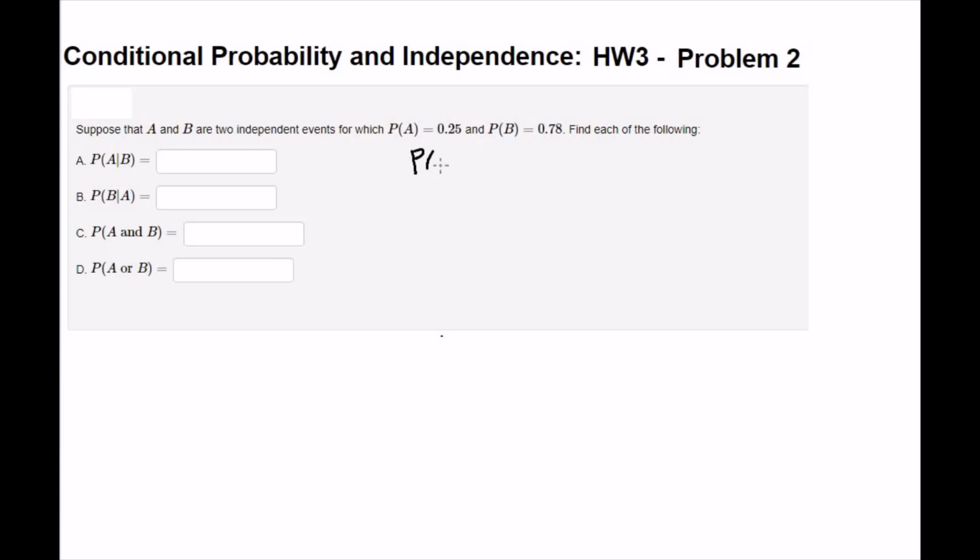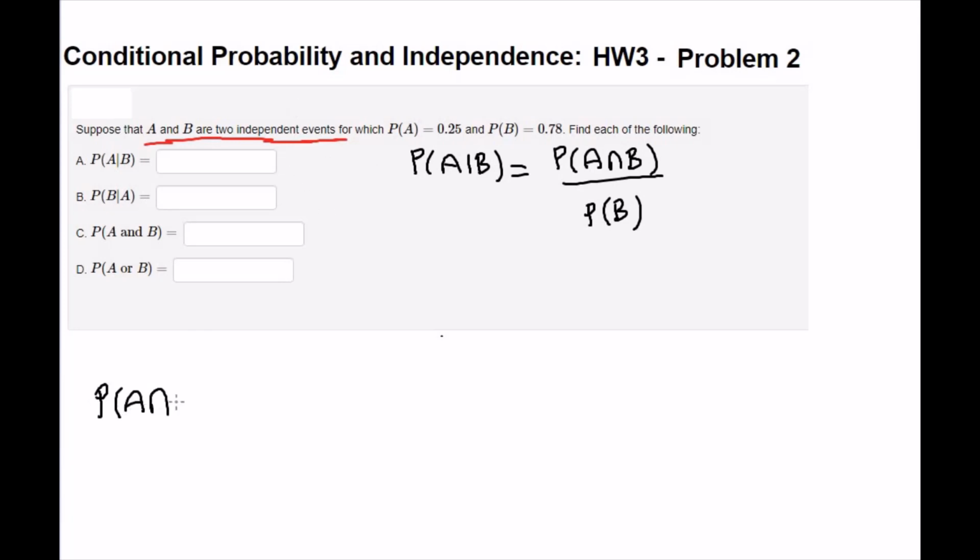Again, by definition, probability of A given B is equal to their intersection over the given condition probability of B. We were given a piece of information that they are two independent events. By the definition of independency, the intersection of A and B is their product if they are independent.